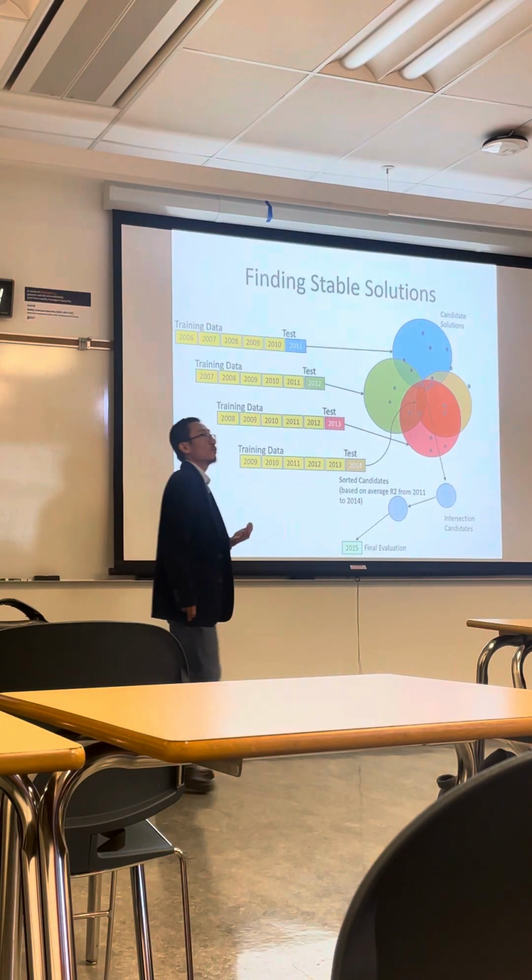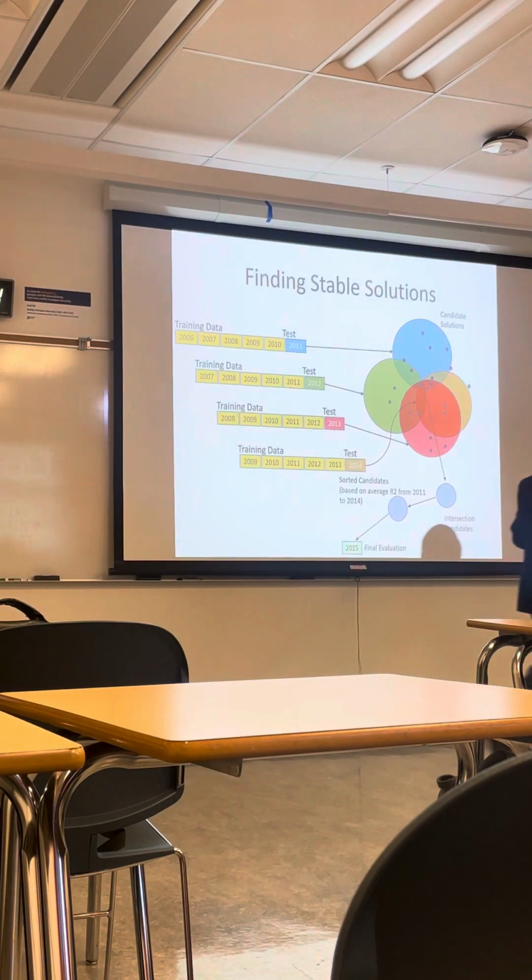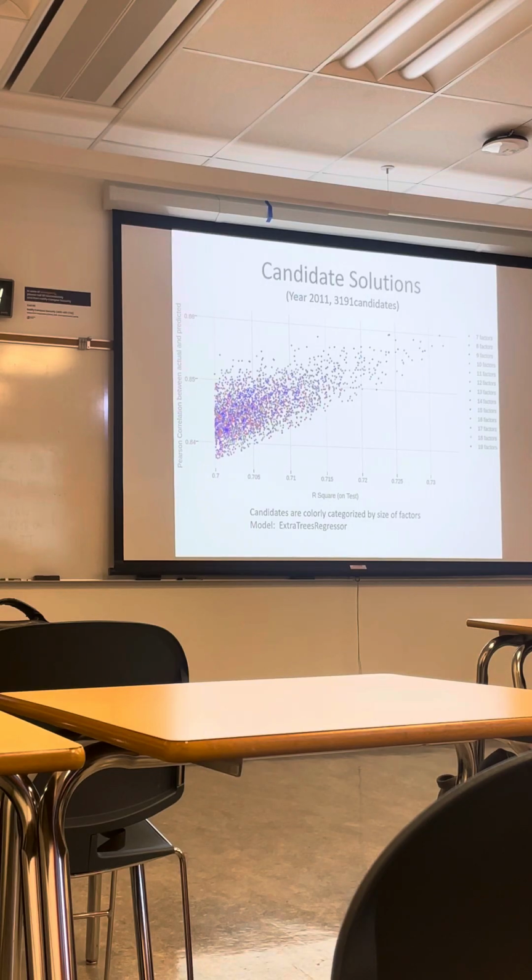And then I have to try these ones. Now there's some interesting demo there. For the overlapping part, I find from 2011, that's 3,000. And right here, they have different colors, which means different factors.